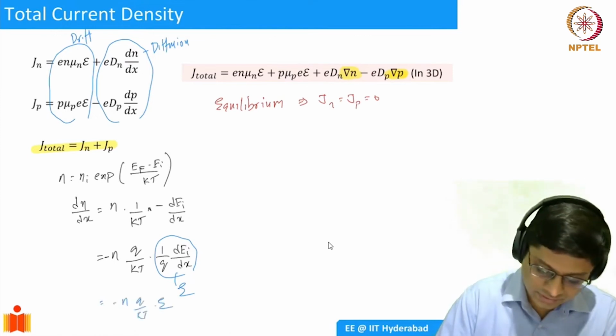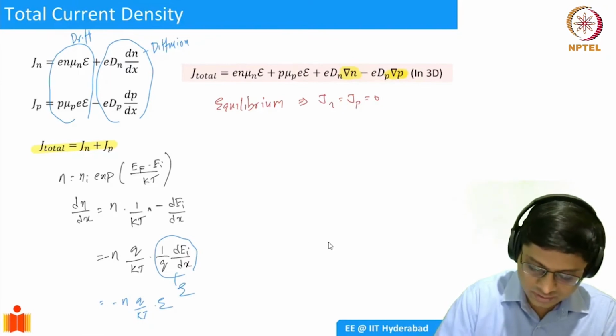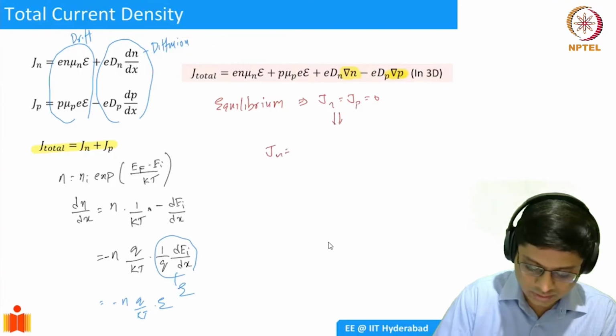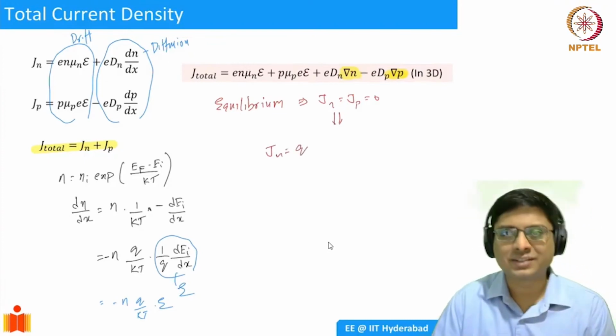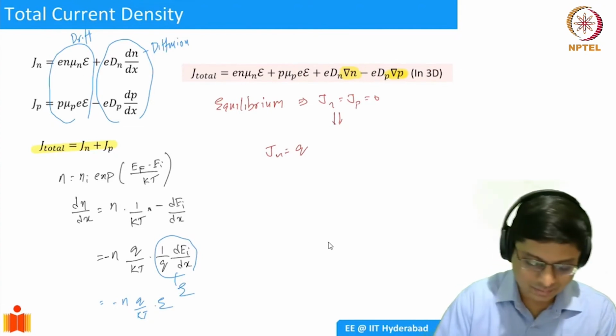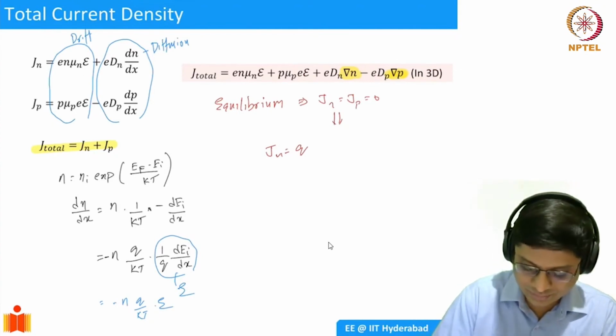So now, Jn equal to, well, okay, pardon my interchangeable use of Q and E, but you should be comfortable with that.